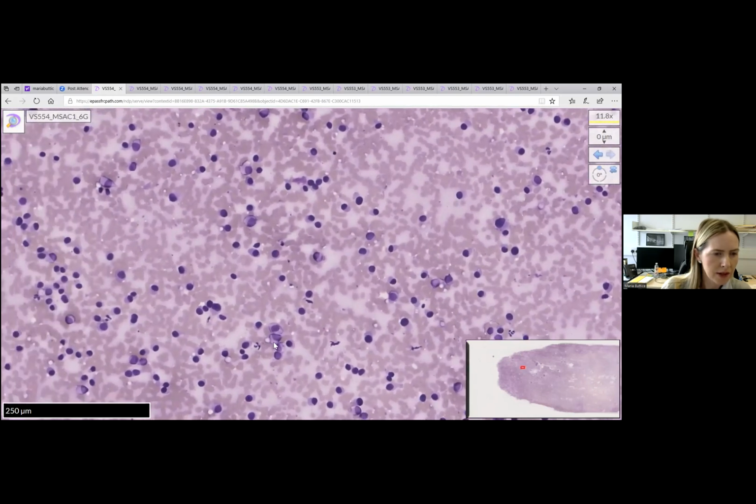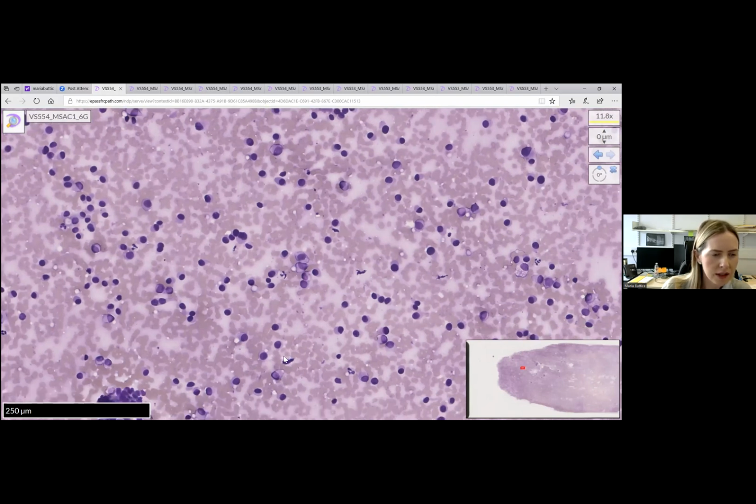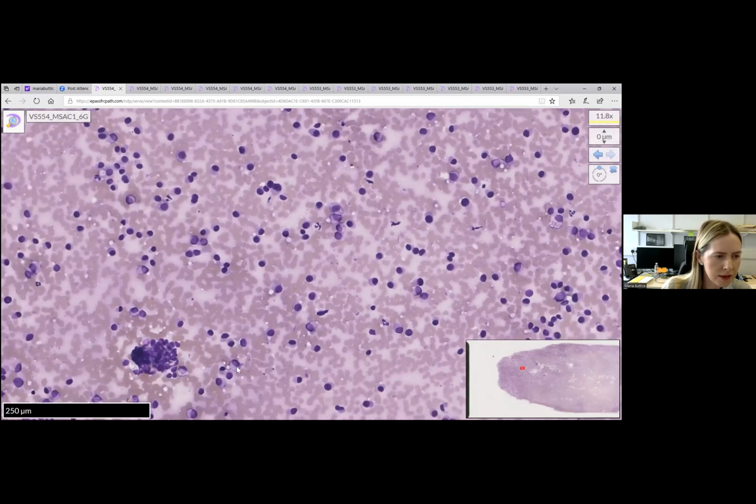So I'm just pointing out some cells here for your interest, trying to understand the morphology of these cells.